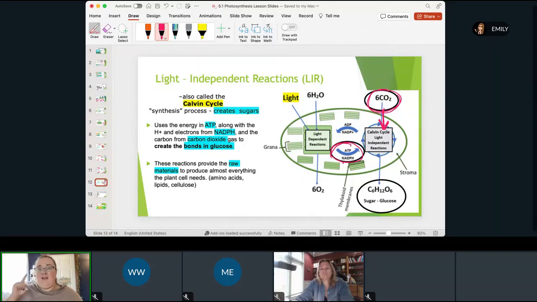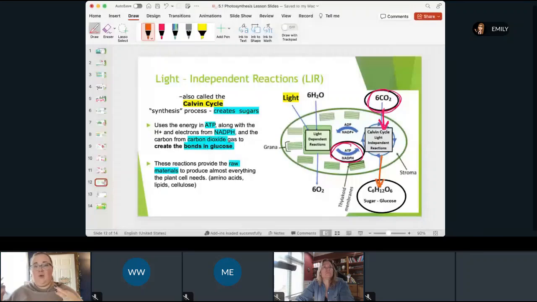Okay. What is my product? Okay, my big product from the light independent reaction. Good. Glucose. Okay, this sugar. Glucose is my big product here.